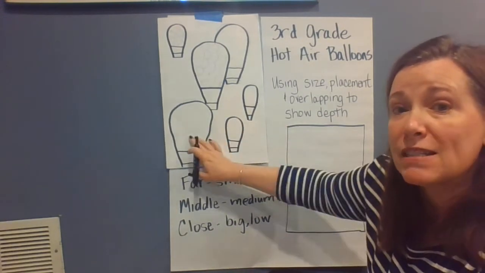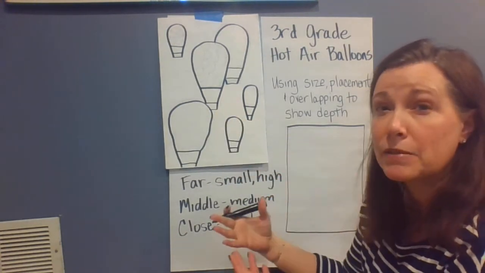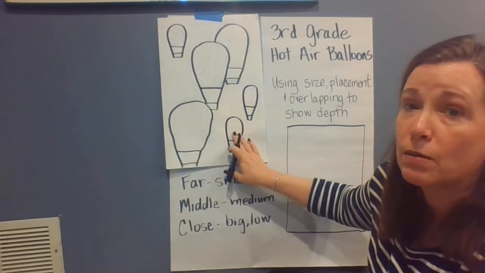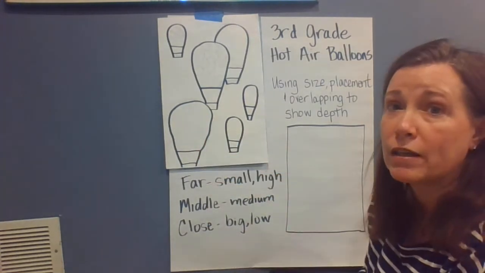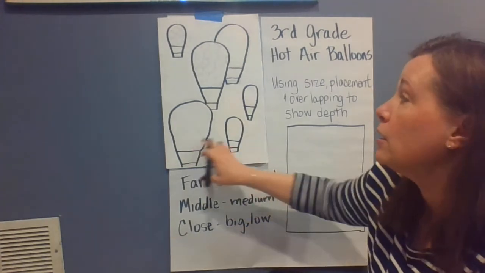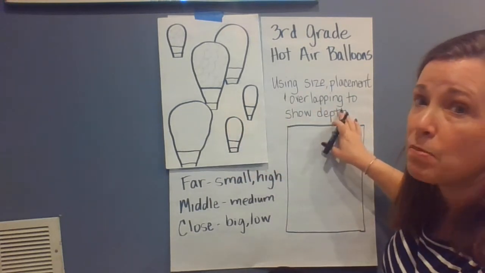But what do we know about the difference between these two then? If these are in our heads probably close to the same size, and this one appears to us nice and big, and this one appears smaller, which one do you think is farther away? The smaller one, right? So we're going to use this change in size to help us show depth.